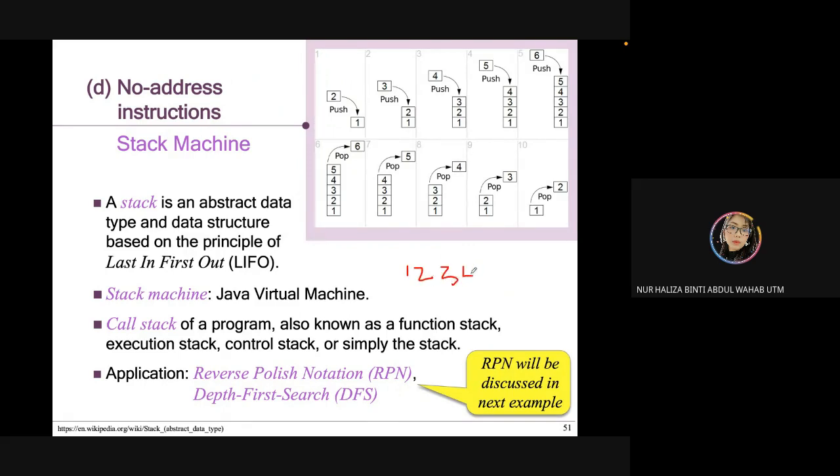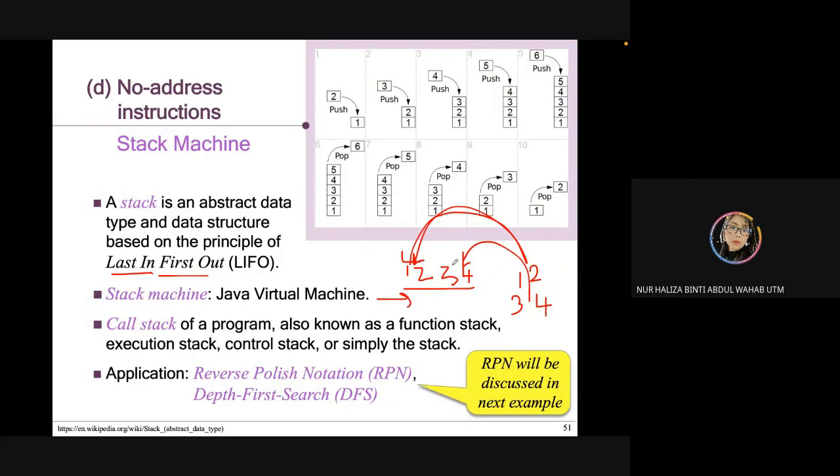Sebab bila you masukkan dalam you punya data stack, you akan masukkan 3, 4, 1, 2. You keluarkan yang ini dulu. Ini keluar dulu. Last in kan yang ini. First out. Last in ni yang akan keluar dulu. You akan popkan dulu, baru yang ini kemudian. Itu yang turutan you menulis macam ni.